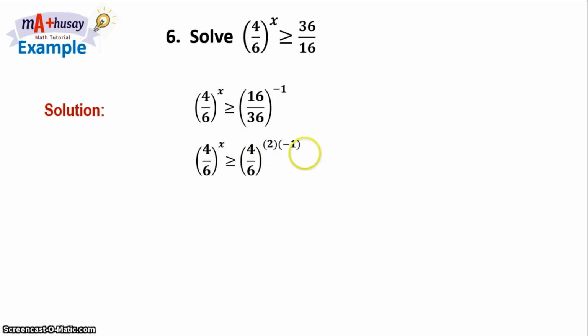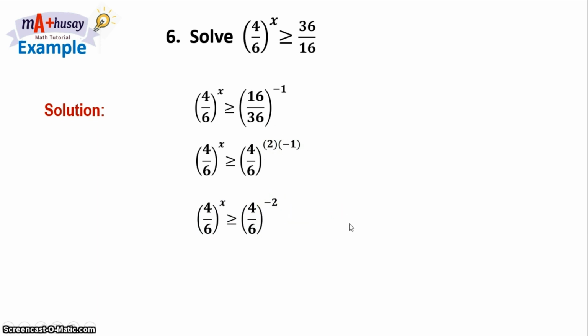Right? Times negative 1, of course, kasi may negative 1 tayong exponent kanina. Now, kung mapapansin ninyo, pareho na yung ating base. So, isimplify muna natin ang expression sa exponent. So, copying 4 over 6 raised to x greater than or equal to 4 over 6 raised to negative 2. Kasi 2 times negative 1 is negative 2.